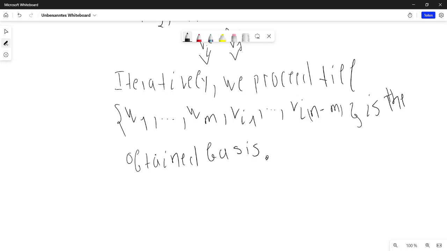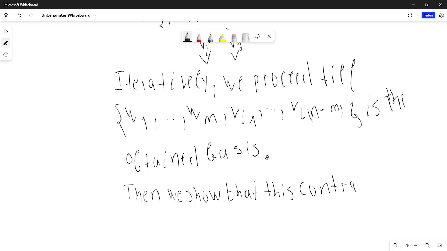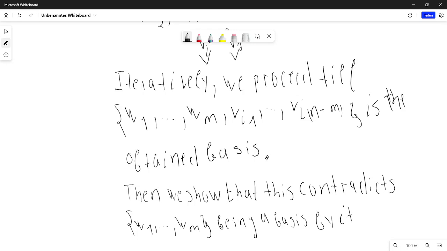And well, n, show that this contradicts W1 to Wm being a basis by itself, that is taken alone, because that was our starting assumption, right?